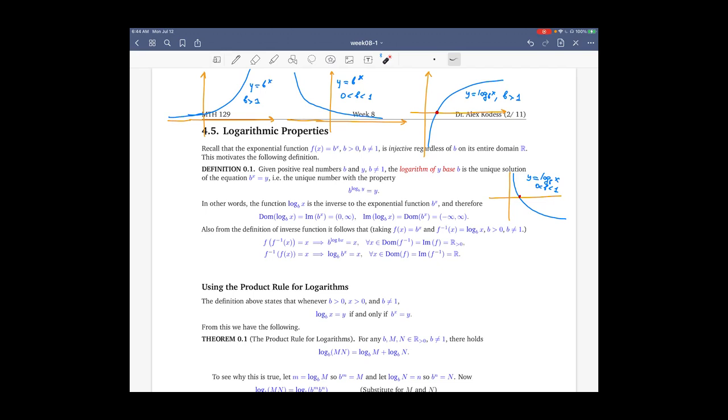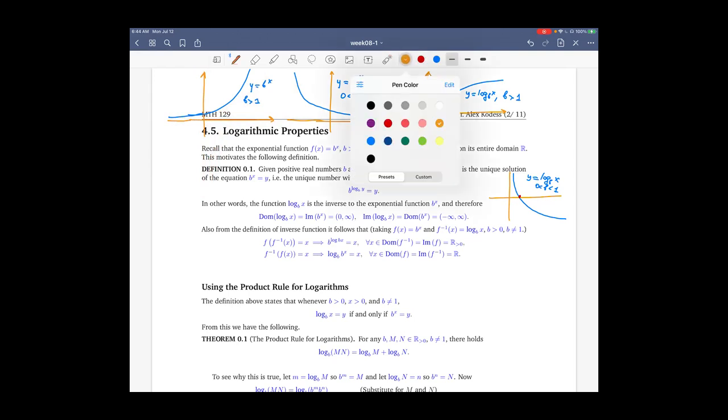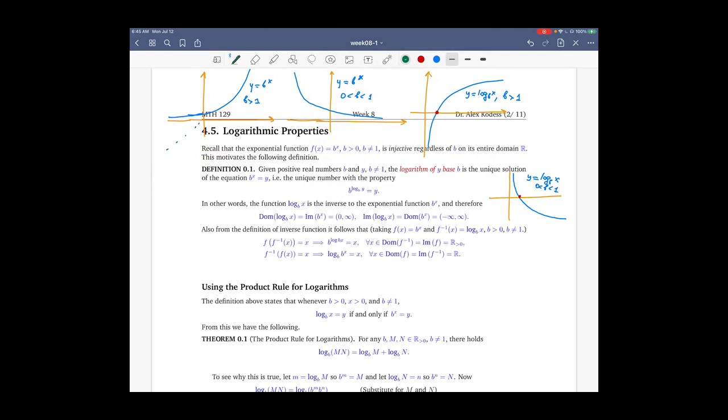You can easily see that log x base b with b greater than 1 is symmetric about the line y equals x to the graph of b to the power x. That is because b to the power x and log x base b are inverses to each other. And the same for the case when base is between 0 and 1.